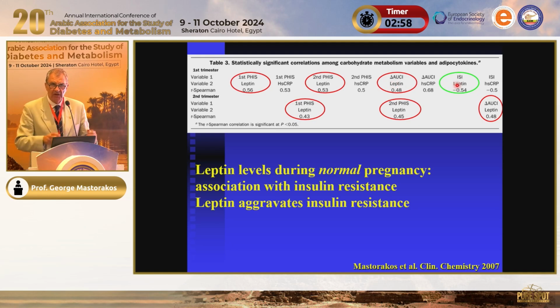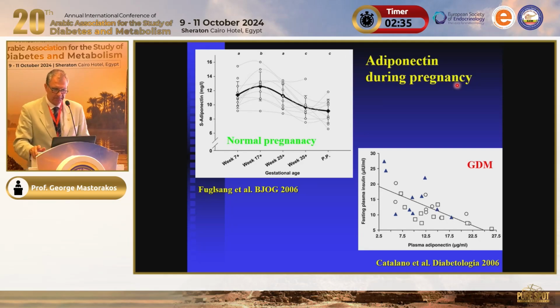And of course, its negative association with insulin sensitivity index. The more leptin you have, which represents an important amount of adipose tissue, the less insulin sensitivity you have, because apparently this is due to the increase of inflammatory cytokines, as we saw a little bit before.